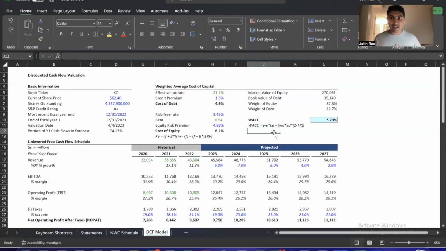Because if they don't pay, that means that your future cash flows, the cash that is coming to you, is more risky. You're more at risk of not getting your initial cash flows. So your discount rate is going to be higher. And when discount rates increase, that means valuations decrease, because cash flows are going to be discounted at a higher rate.